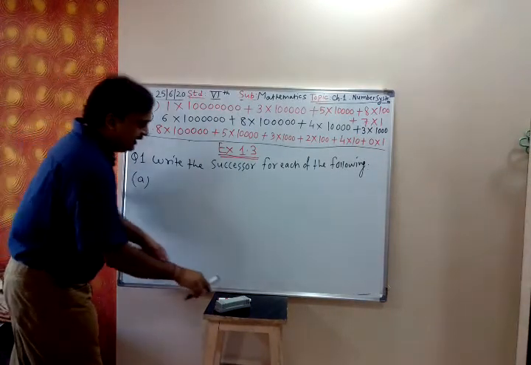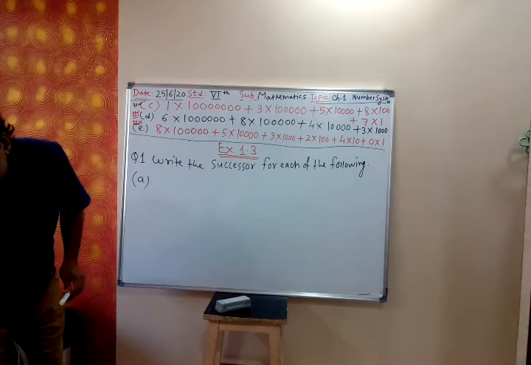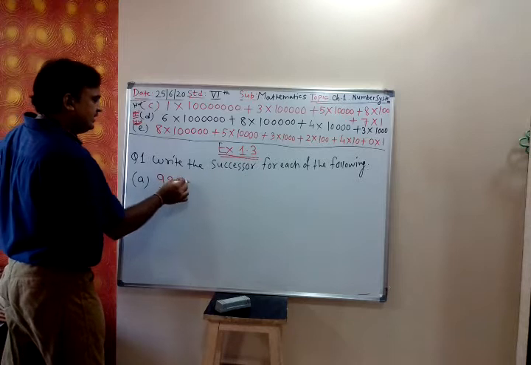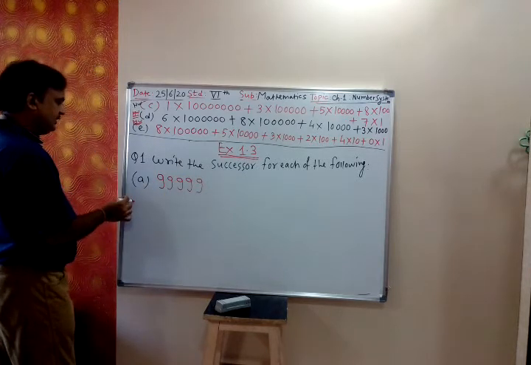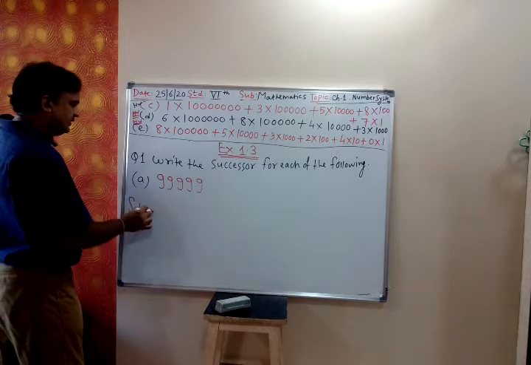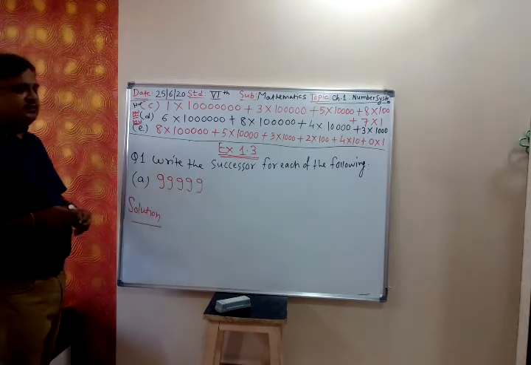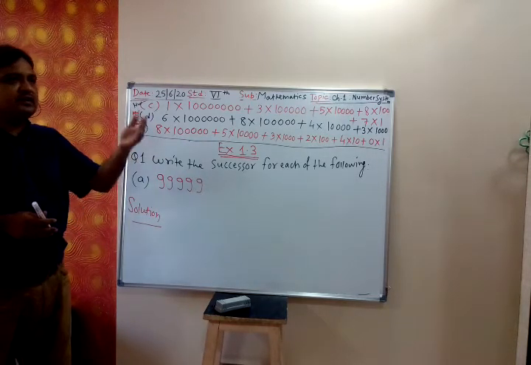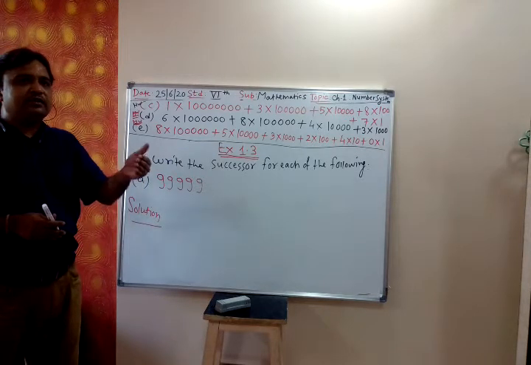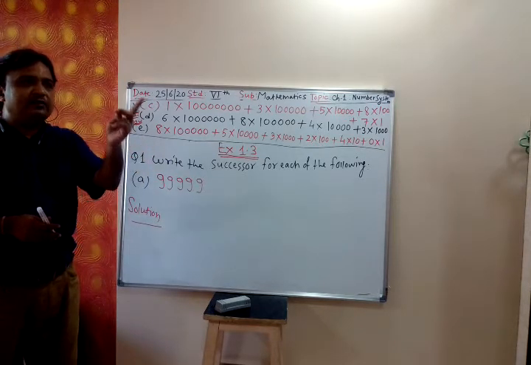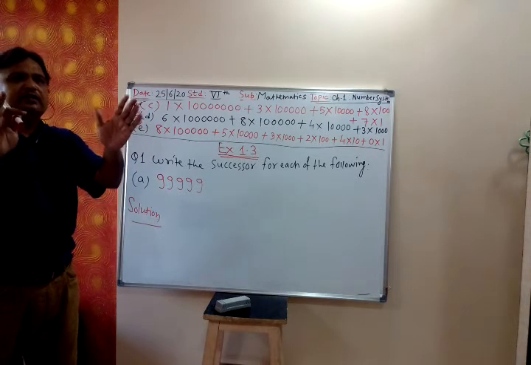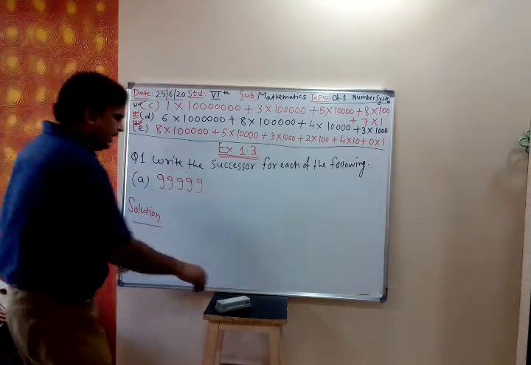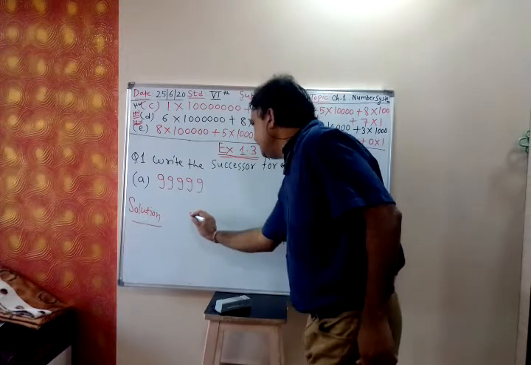A: write the successor of 99,999. Successor means immediately after that number, so I will add 1 to the number.